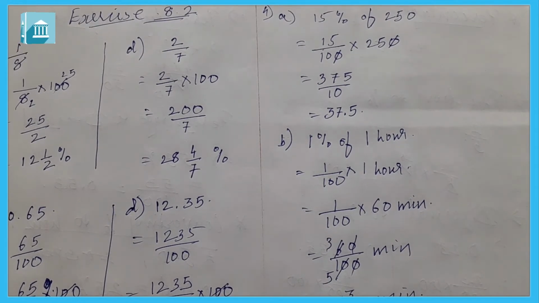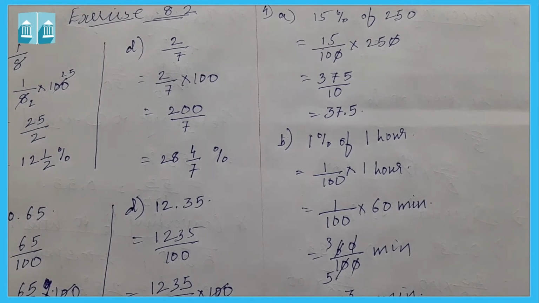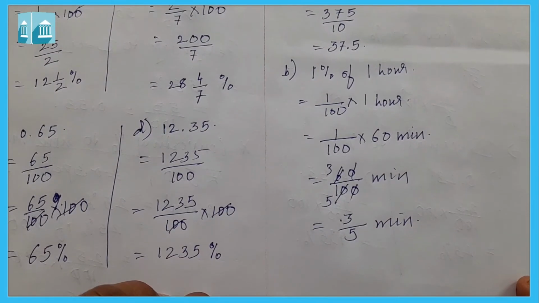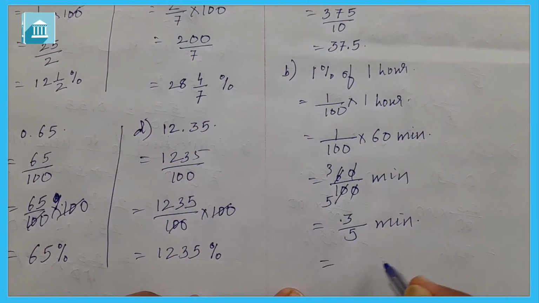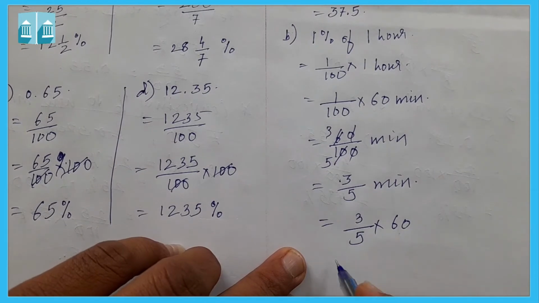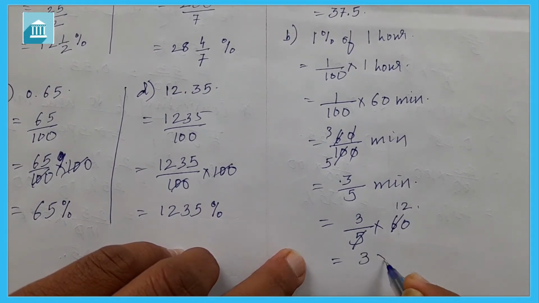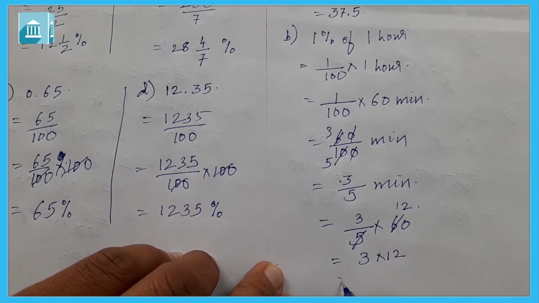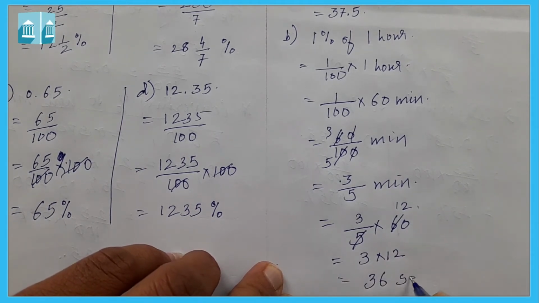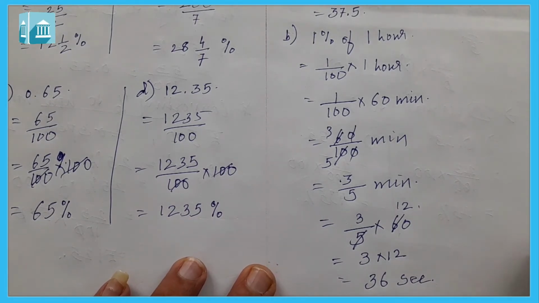If we want to go ahead of 3 by 5, then again we can convert it into the second, that is into 60. 1 minute is equal to 60 seconds. So this will be 3 into 12, which is equal to 36 seconds. So 1% of 1 hour is equal to 36 seconds.